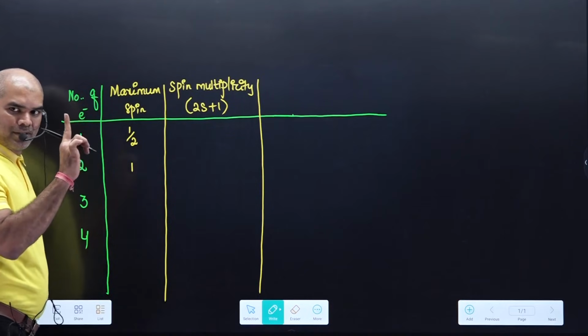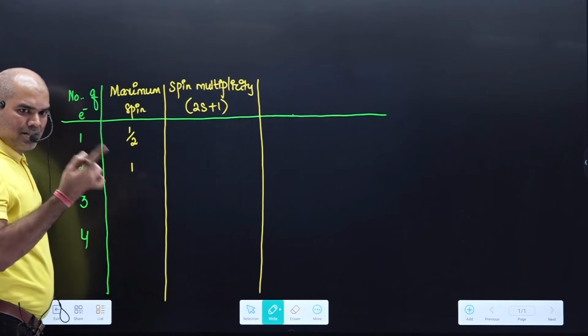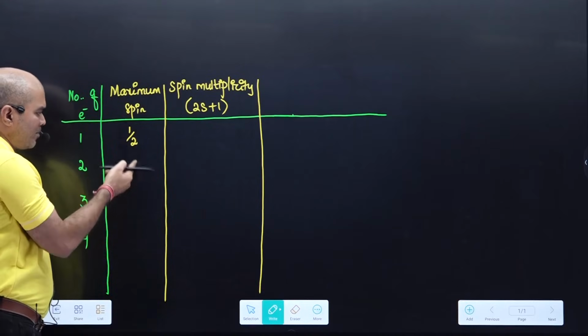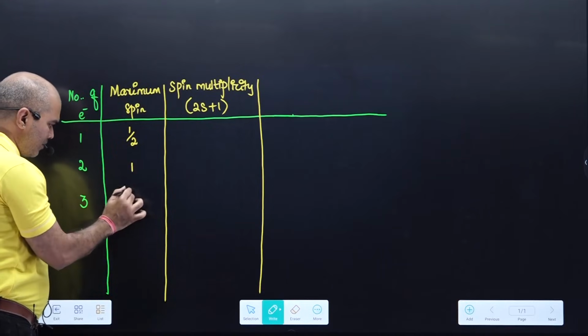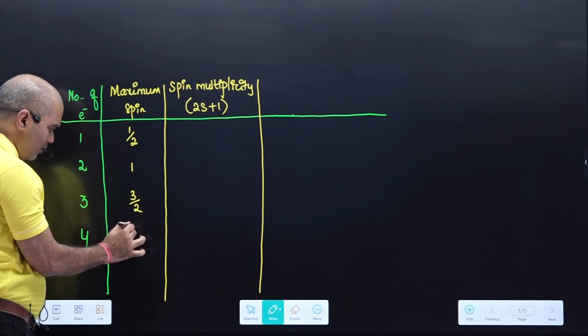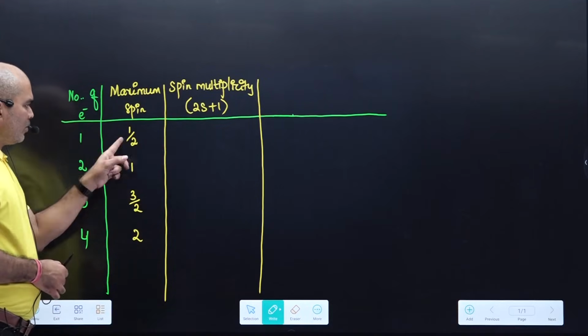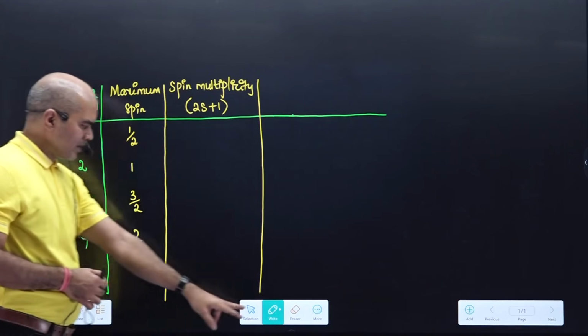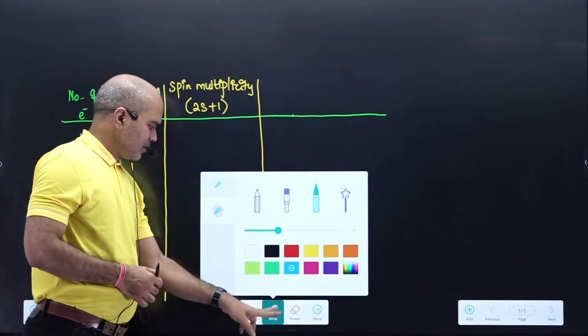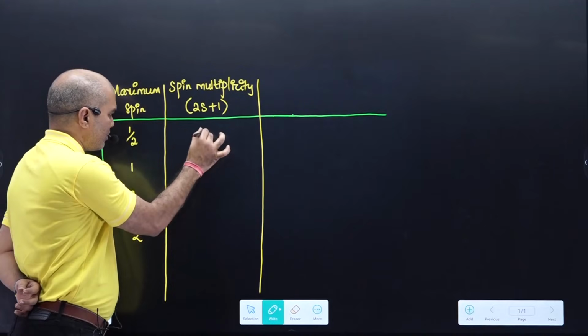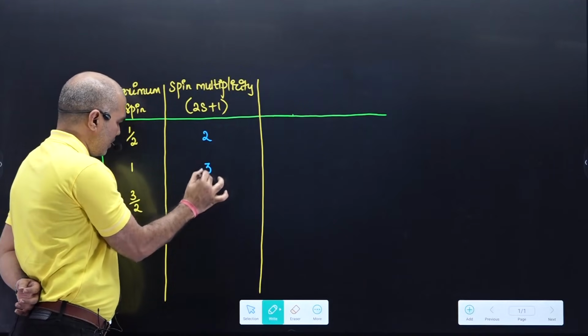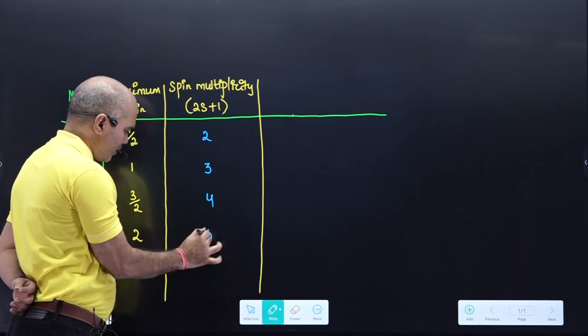Up and up. There could be up and down, but that is a combination. We have to take maximum spin. Next, if it is 3, 3 by 2, 4, 2. Then what is the spin multiplicity? 2 into s plus 1, 2 into half plus 1. This is 2, 3, 4 and 5.